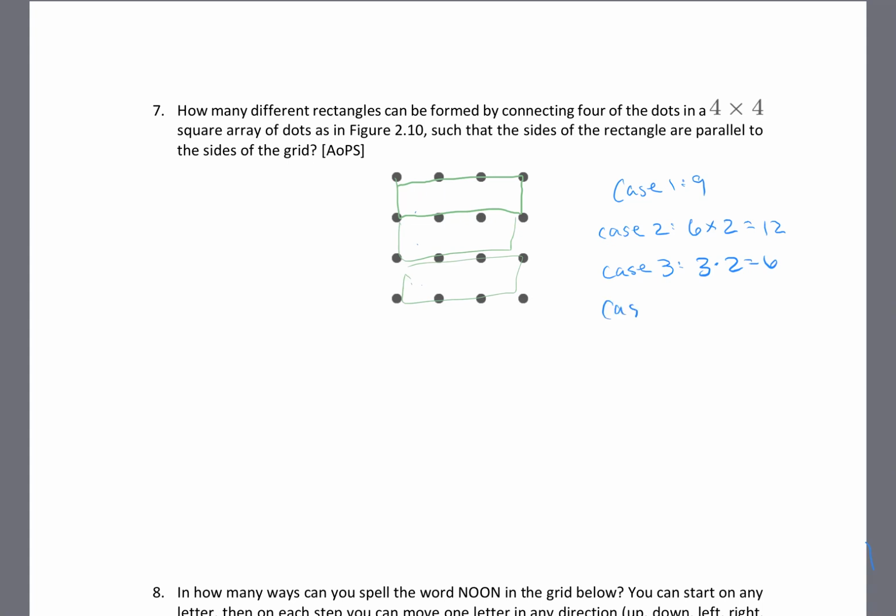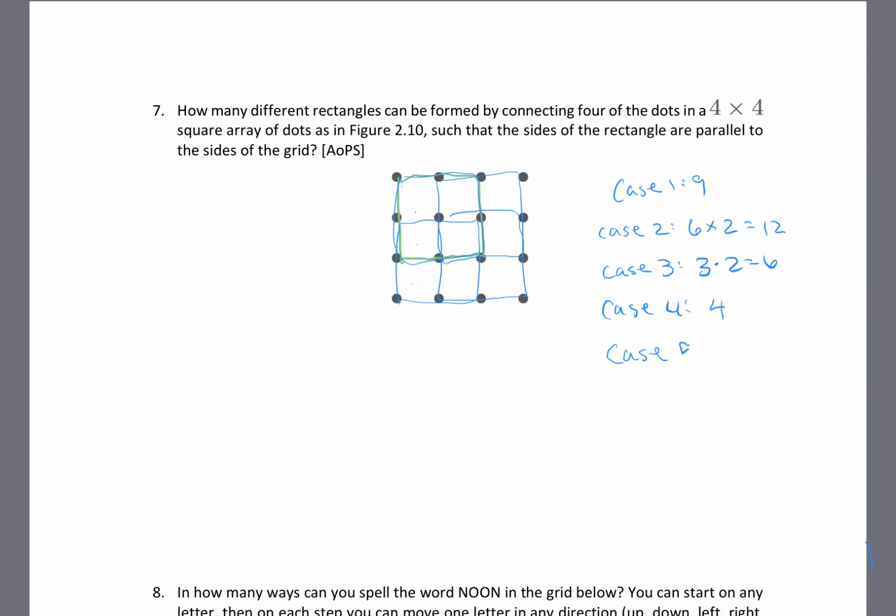And then our case 4 is equal to this rectangle. And then if we want to count it, we have 1, 2, 3, and 4, right? So case 4 is 4.